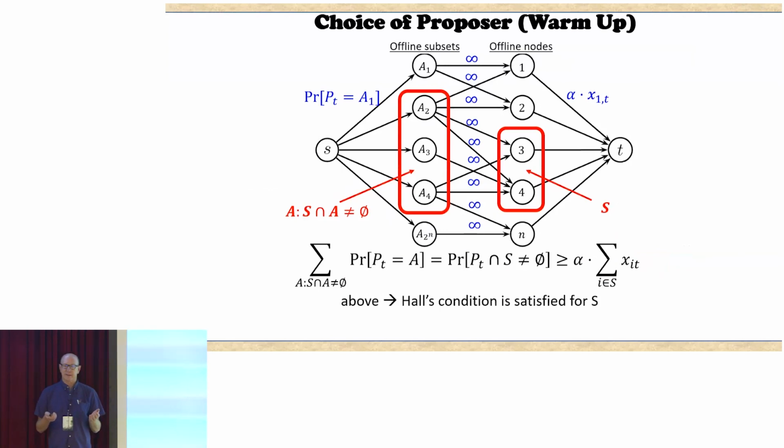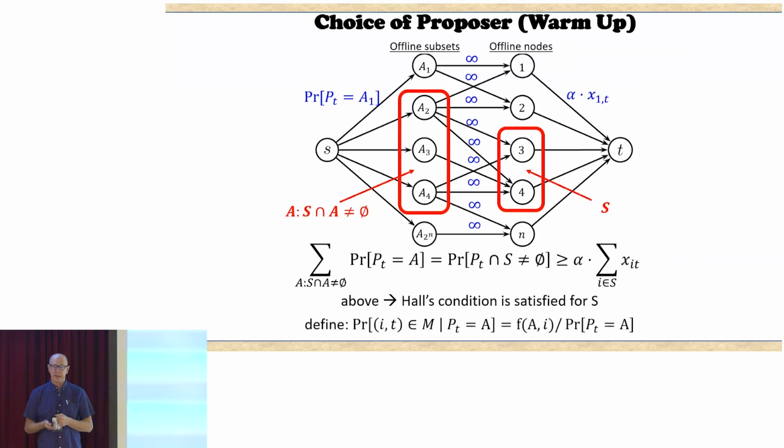So what we get is that Hall's condition is satisfied for S. So S has enough capacity to satisfy Hall's condition with a scalar alpha of 1 minus 1 over e.